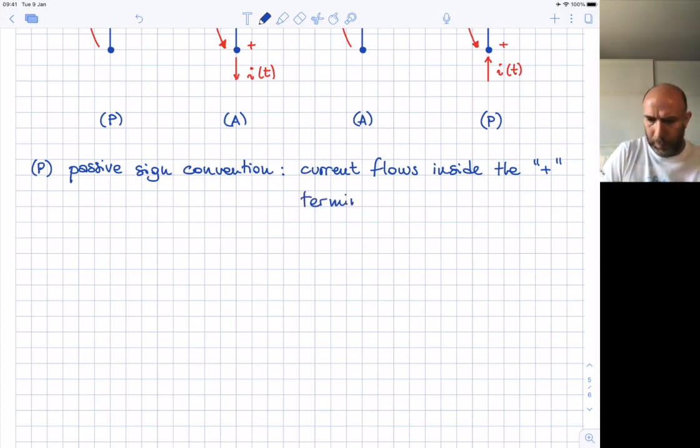Or, if you want, the current flows inside the terminal pointed by the tip of the arrow. The convention A is called active sign convention.